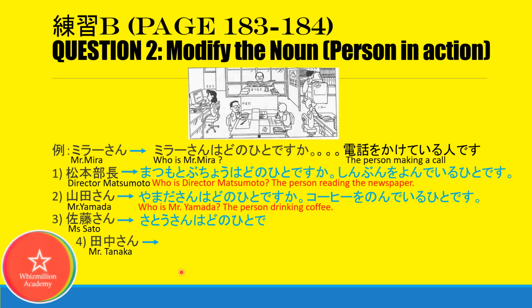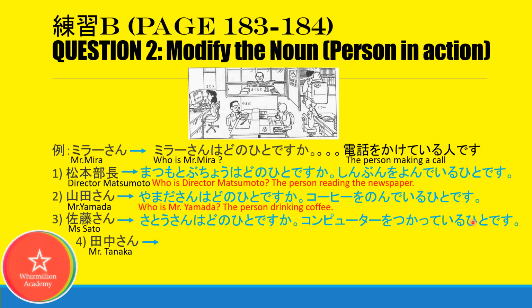So we can say Sato-san はどの人ですか? コンピューターを使っている人です。パソコンを使っている人です。Make sure that you transform the verb to the te-form, and then add the dictionary form before you add the noun.